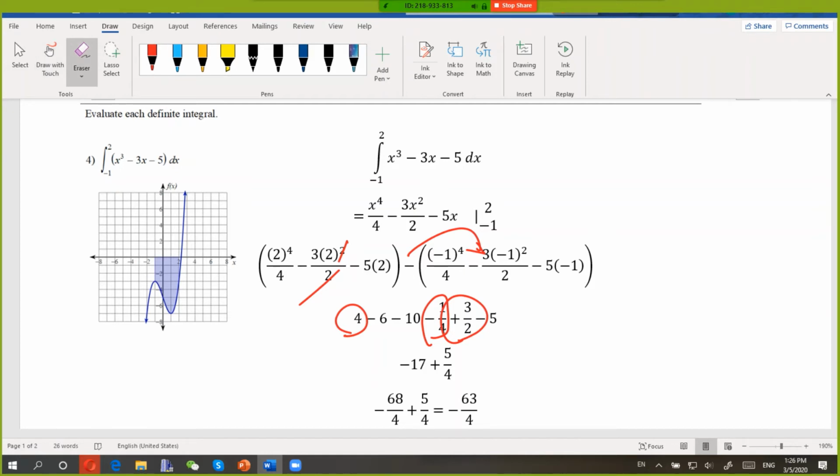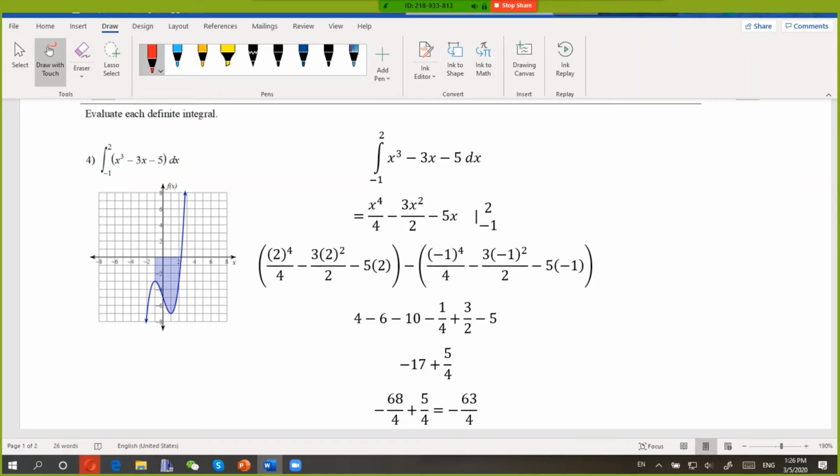And then the last term, I've got a negative 5 times the negative 1 is positive 5, and the negative that I distribute makes this a negative 5. Okay, then we can add all of these together.